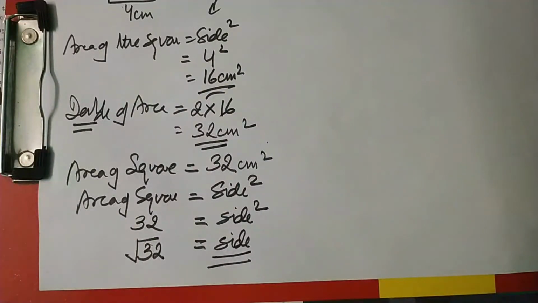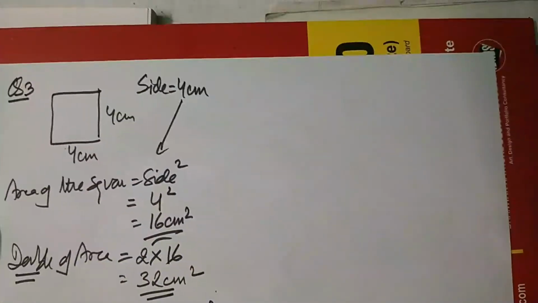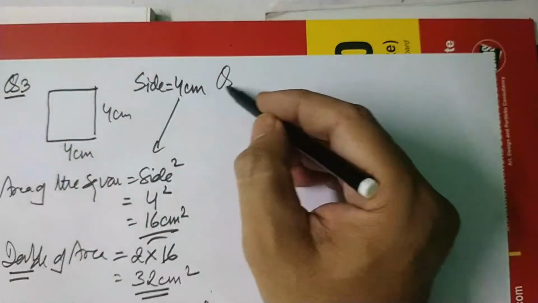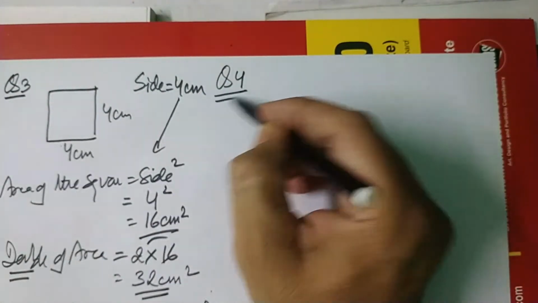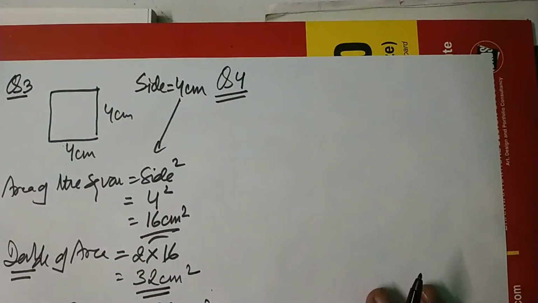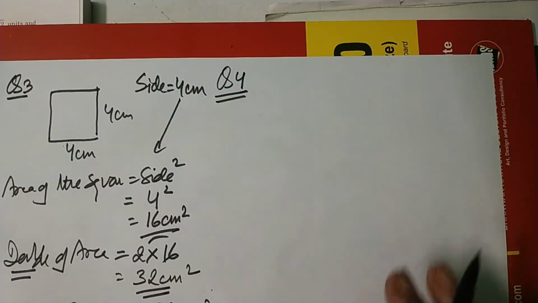Now the same concept is there in question number 4. You can see the explanation again. Same explanation I am doing in question number 4. So question number 4, all of you see, keep the book with you. It says a square has an area of 25.